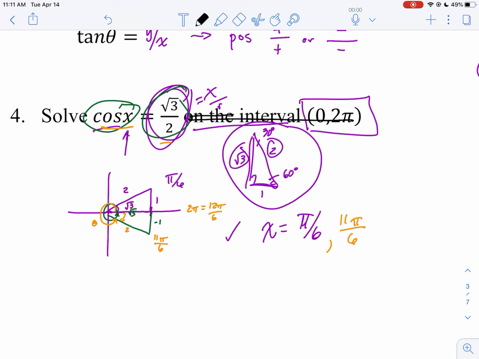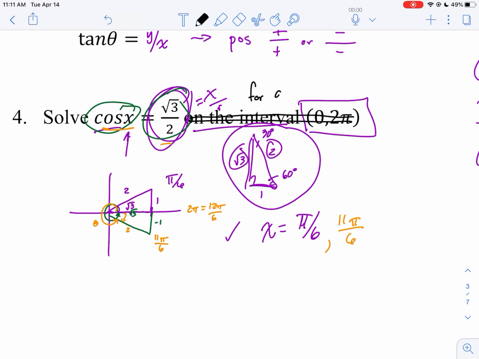Okay? Now, I'm going to change the directions on you. You didn't know we could do that, did you? So, solve cosine of x equals square root of 3 over 2 for all values of x. This is actually redundant.